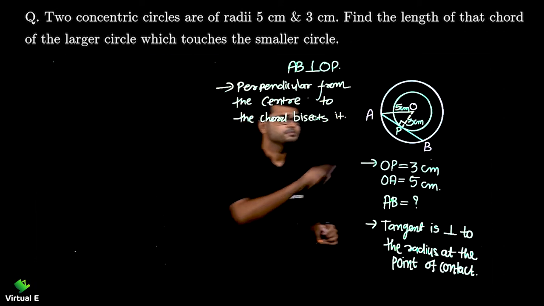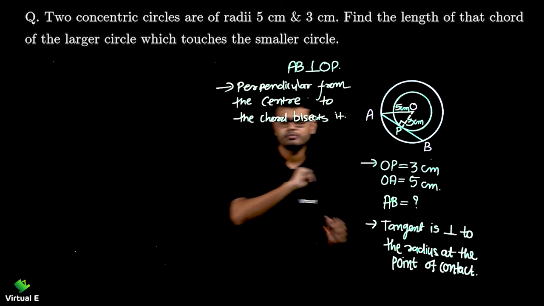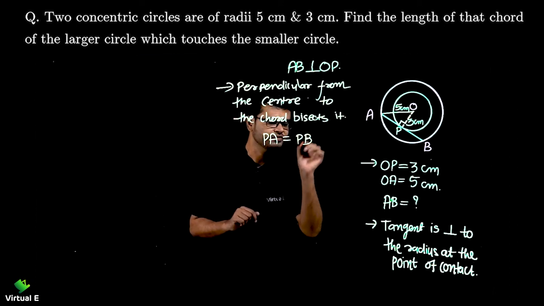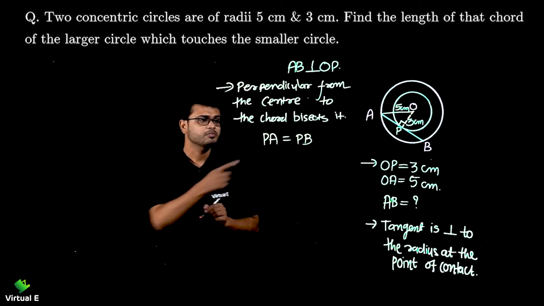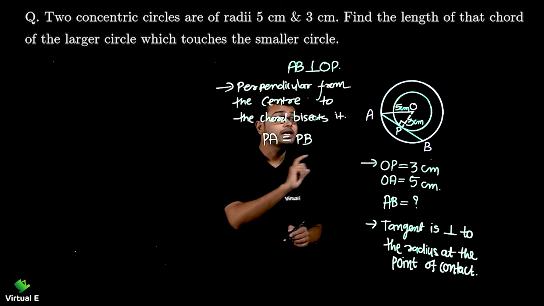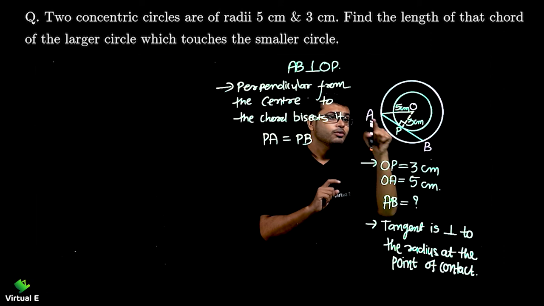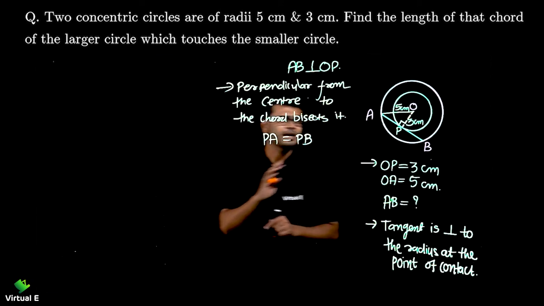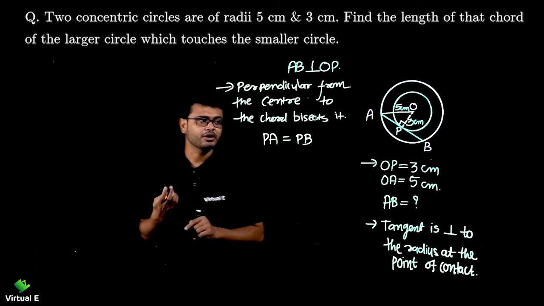So it means PA is equal to PB, and we even proved this in the previous theorem. So PA is equal to PB. Now if I get the value of either PA or PB, then I can multiply it by two and get the length of the chord.